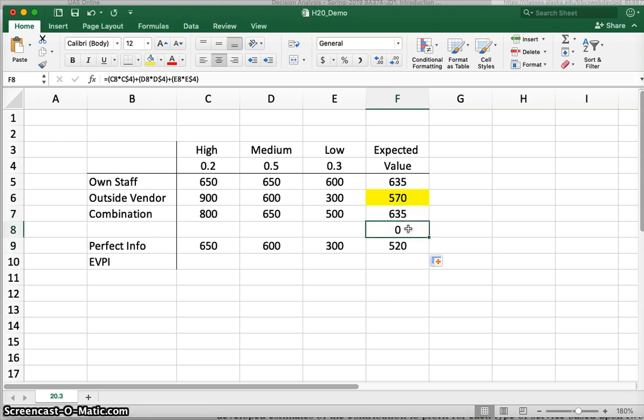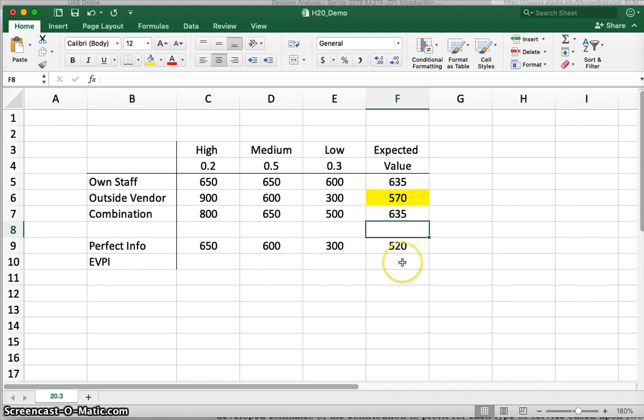It would be 520. So the expected value of perfect information is the difference between the expected value of my correct decision minus the expected value with perfect information.